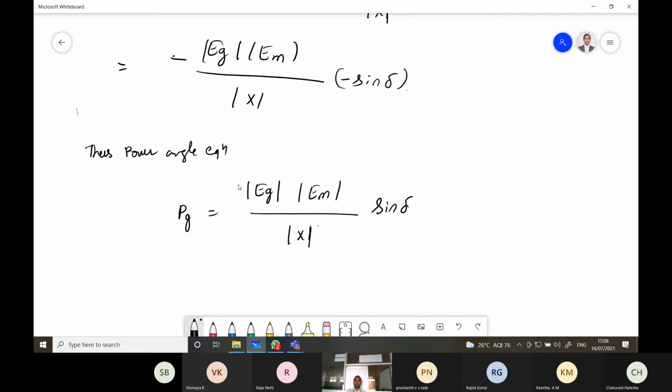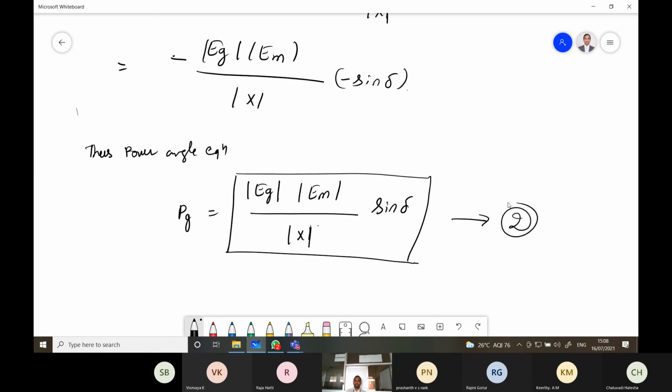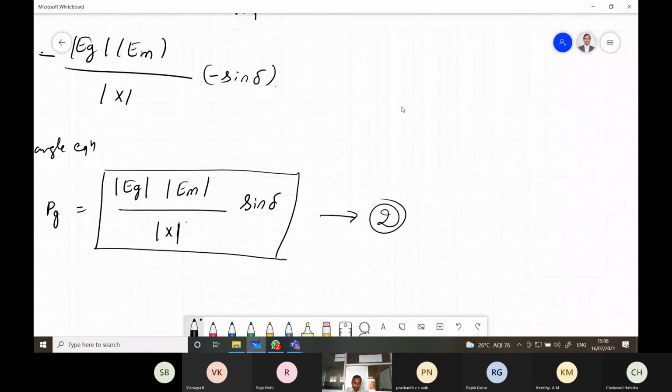Minus minus gets cancelled. This is equation number 2. From this we can draw the power angle curve.